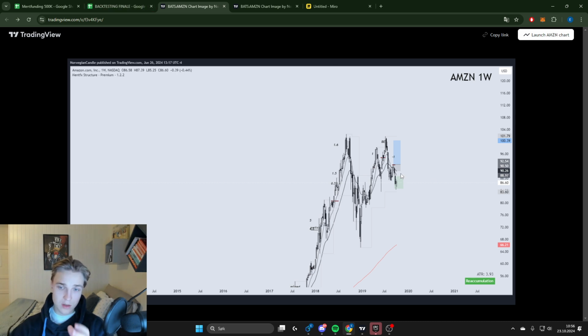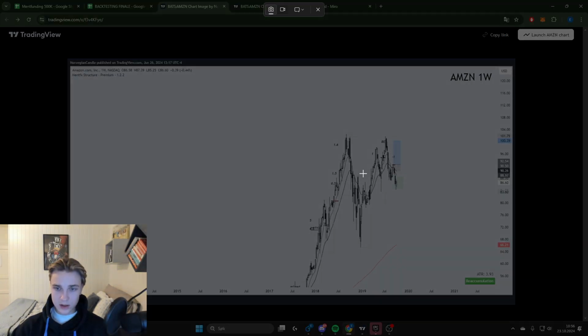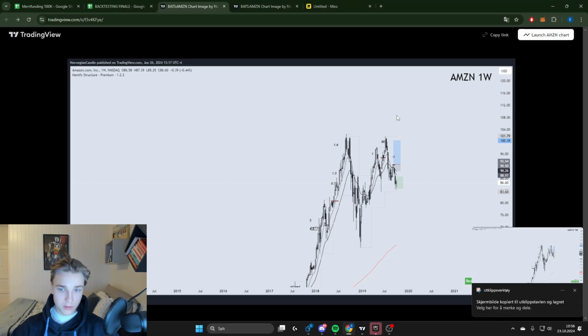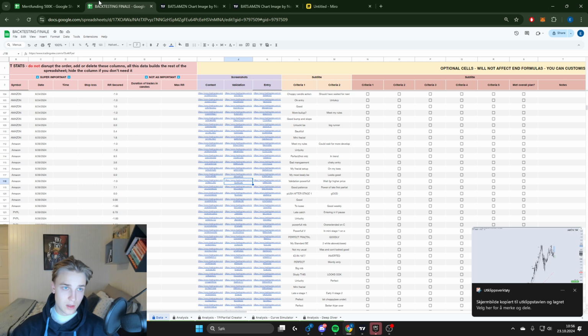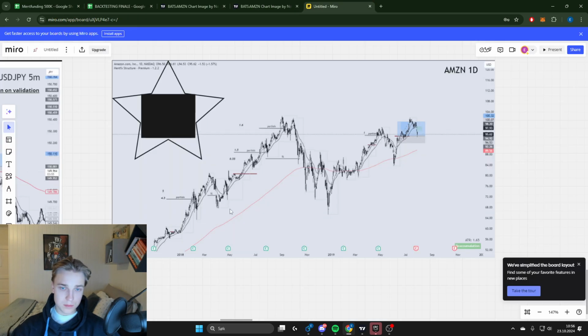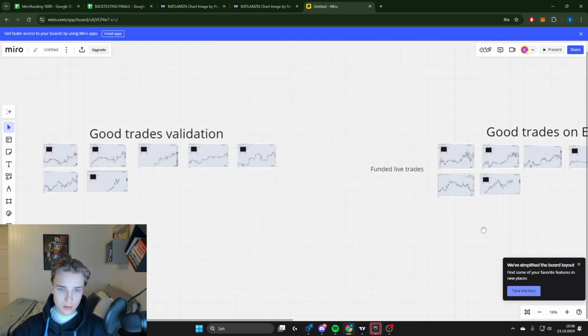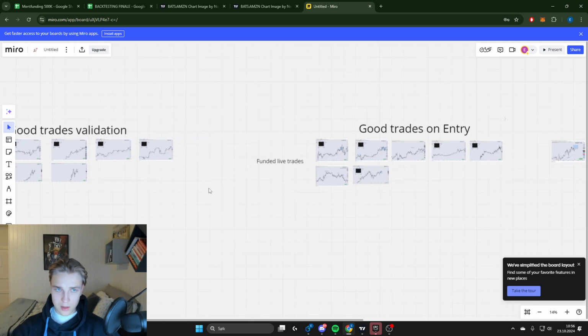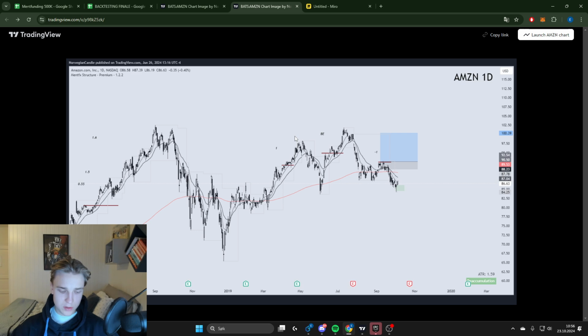This is definitely not a star validation, because it is nearly under the 10 and 21 EMA, but since the market has proven bullishness and the MAs were going sideways at the point of the entry, I was willing to take the trade. So let's just move over here, put in that trade, just like that, and then grab the entry time frame picture.